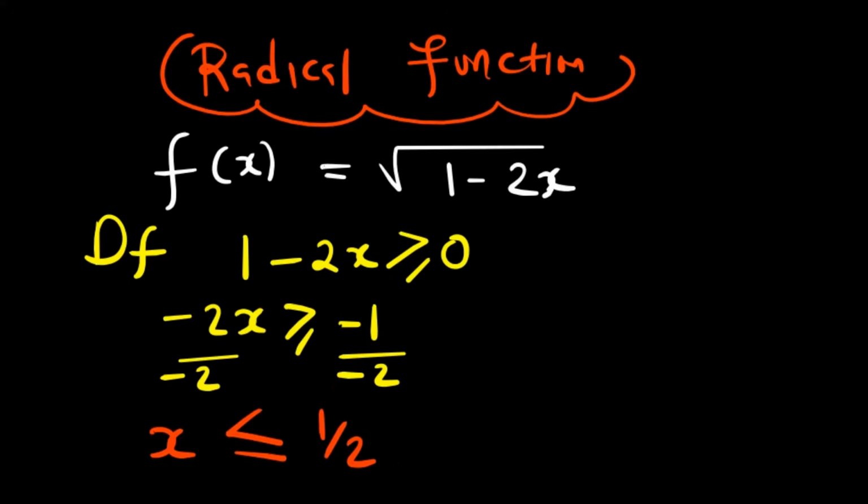In this case we want all the real numbers, and those real numbers are specifically those where x is less than or equal to half. So if you are going to show it in terms of the domain for this function, the domain will be equal to x such that x should be less than or equal to half.